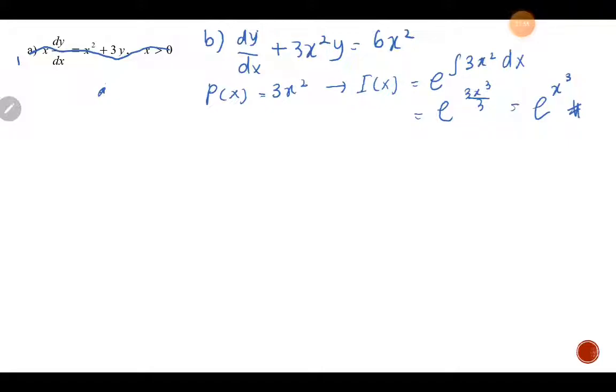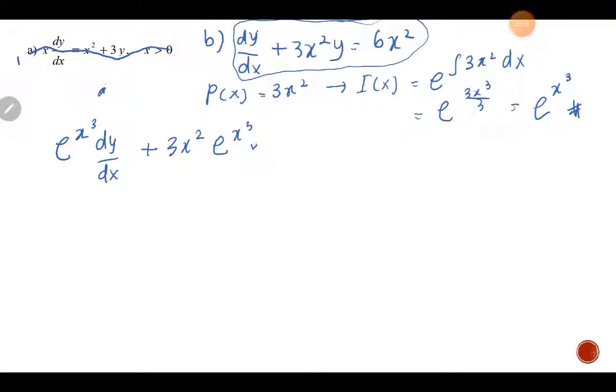Okay, next kita darab lah integrating factor ni with the standard linear equation tadi. Okay, so here we have e to power of x cube dy over dx tambah dengan 3x square e to power of x cube y sama dengan 6x square e to power of x cube.